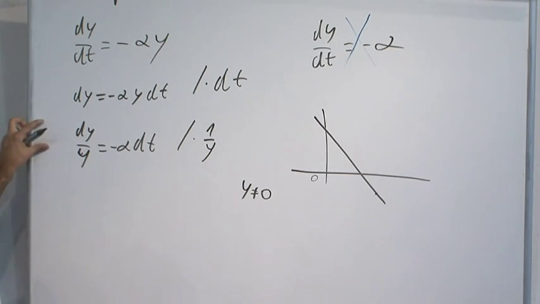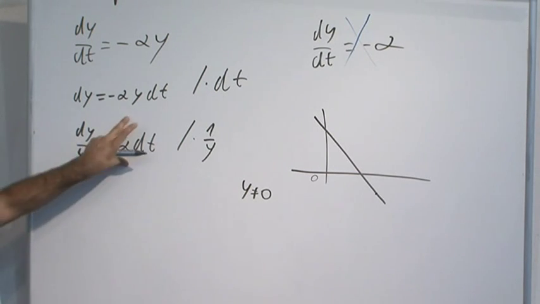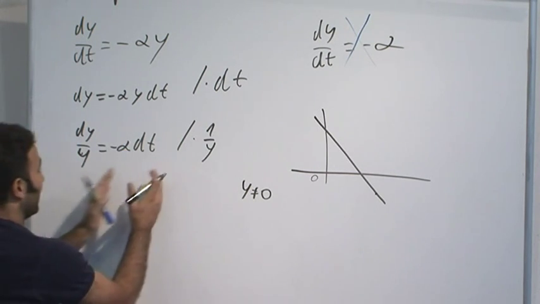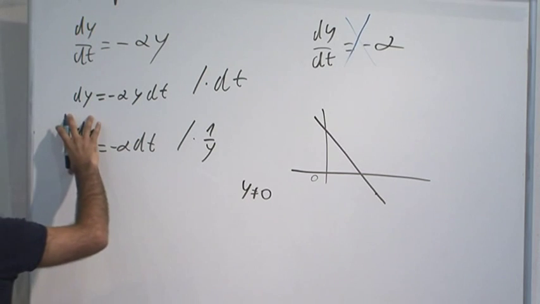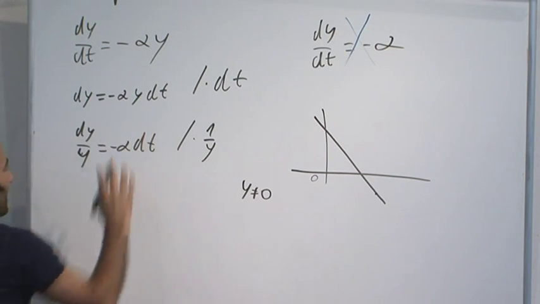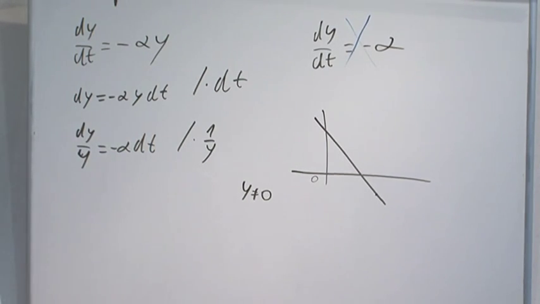Okay, so now we will do another trick, a mathematical trick. This is an equation, which means this side is equal to that side, right? This is the meaning of equation. So if this side is equal to that side, also the integrals will be equal, right?